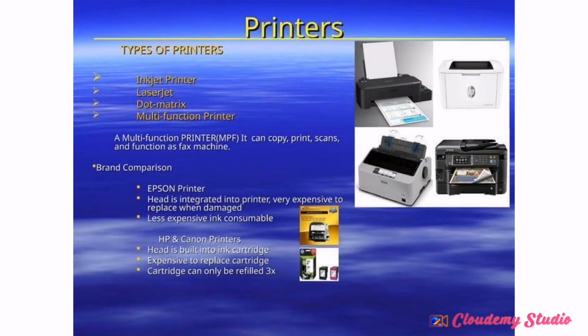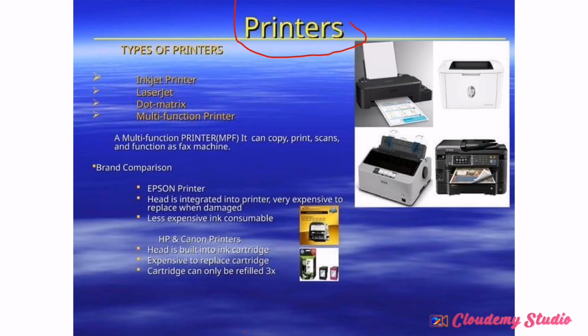So types of printers. What is a printer? You should know a printer is a device, or a machine, that gives an output or converts a soft copy document into a hard copy document.